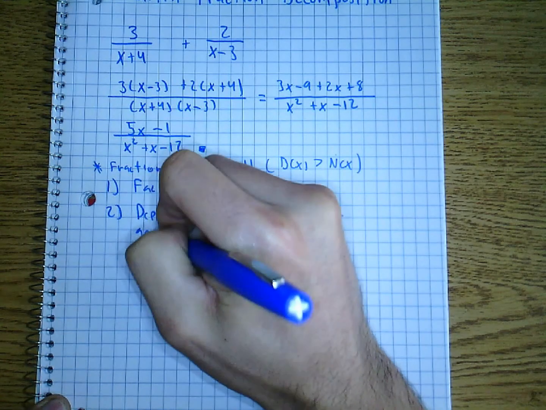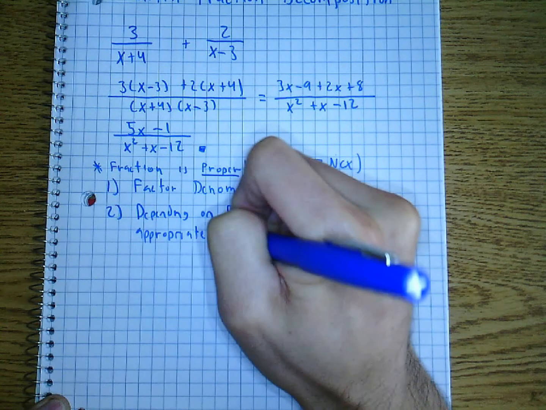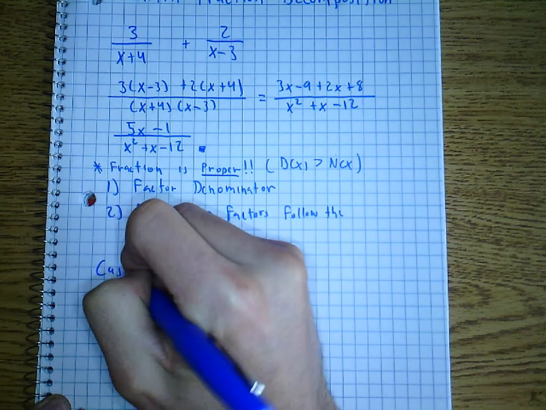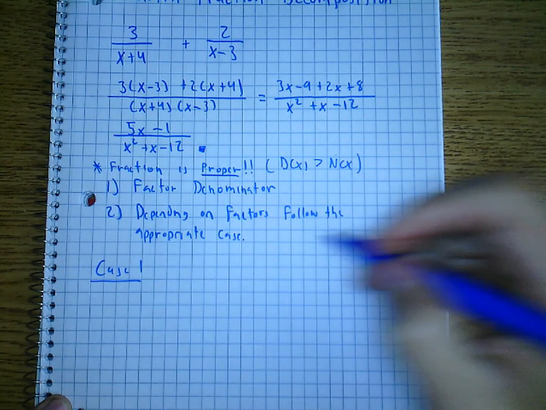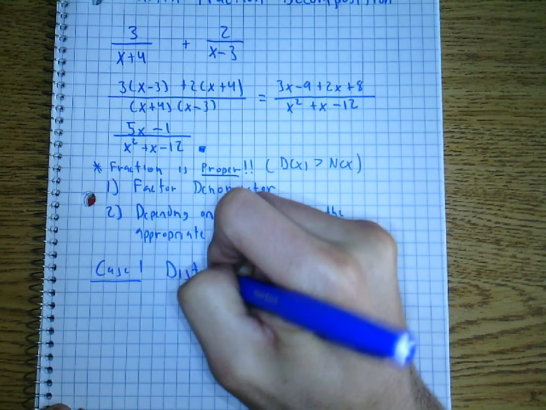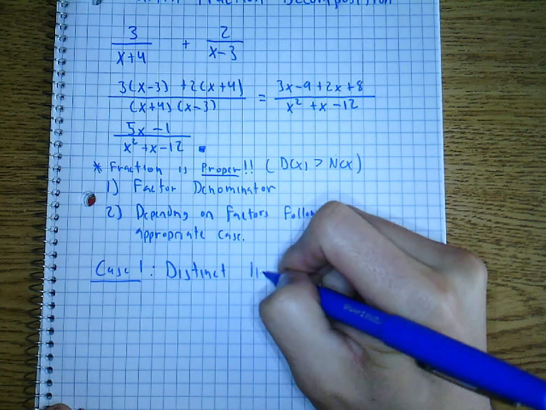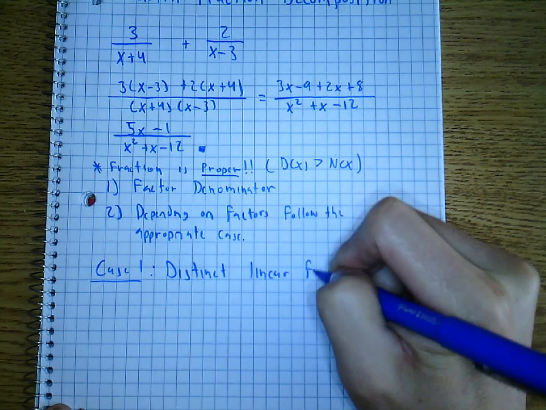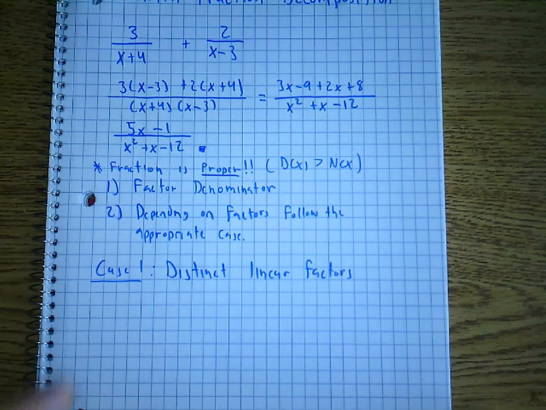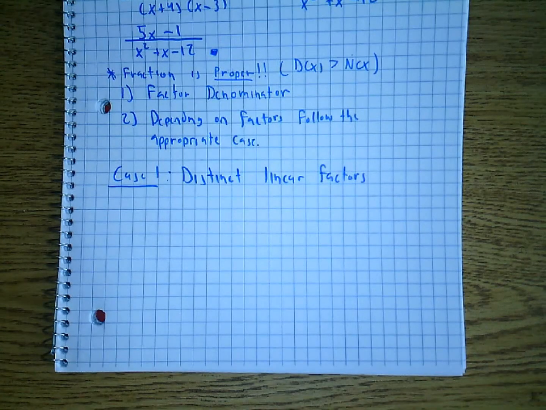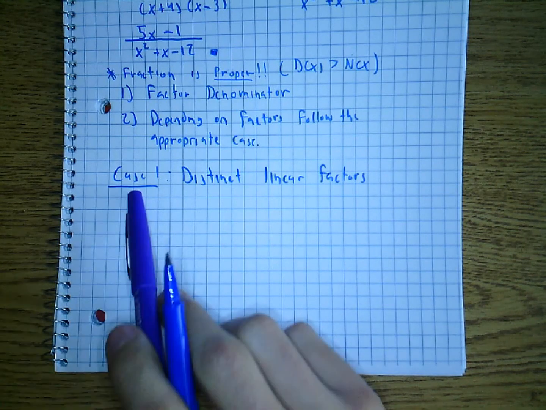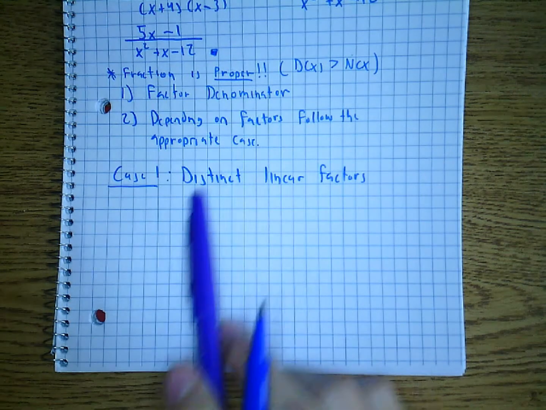Okay, so case number 1 would be what we call distinct linear factors. Okay, do we know what the word distinct means? Different. So case 1 is basically saying if you factor out your denominator and all the linear factors are different, then you're going to do the following.